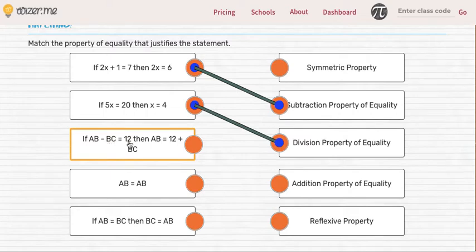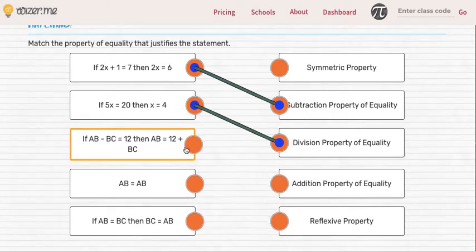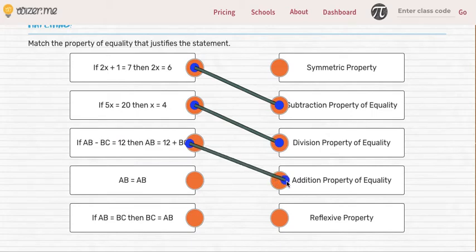If we add BC to both sides, we're going to have AB minus BC plus BC, and the minus BC and plus BC will cancel out, so we'll just be left with AB. On the other side, if we add BC, we'll have 12 plus BC. So because we're adding BC to both sides, this is the addition property of equality.